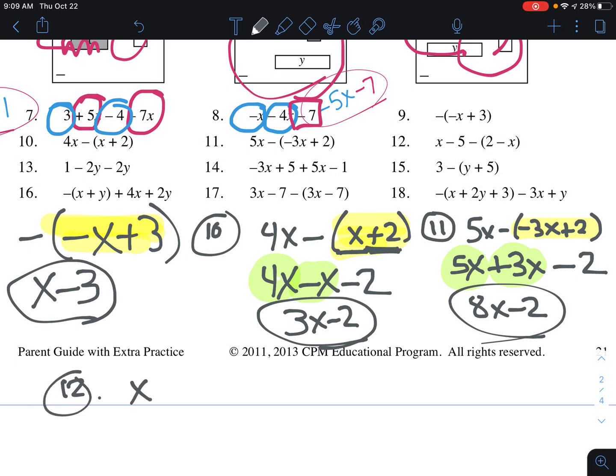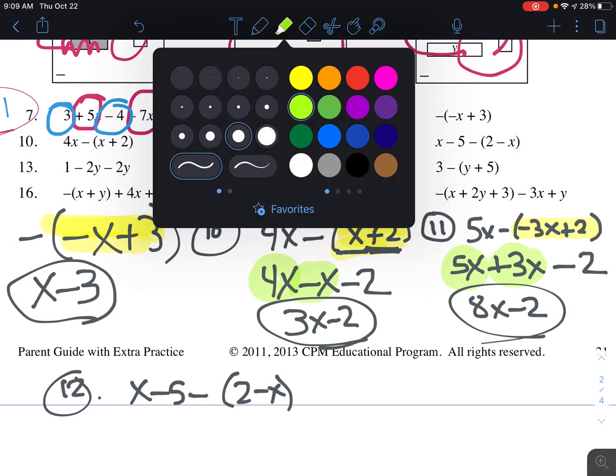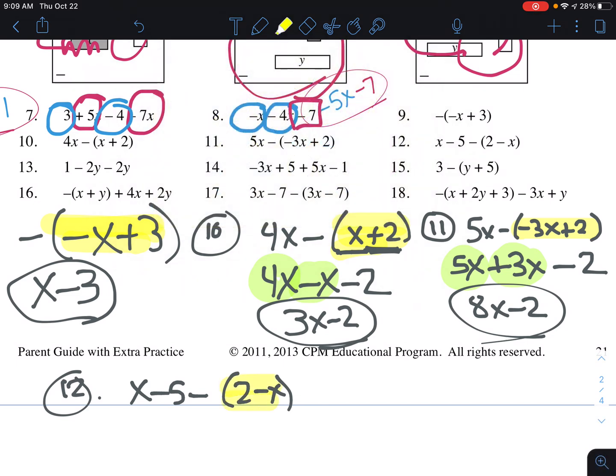And then number 12 was x minus 5 minus, and then in parentheses was 2 minus x. Again, whatever is inside the parentheses that comes after a minus sign is going to have to get flipped. This x and this minus 5 were not in a parentheses, they were not after or before a parentheses, so they stay x minus 5. This 2 inside right now is a positive 2, so now it's going to become a minus 2.